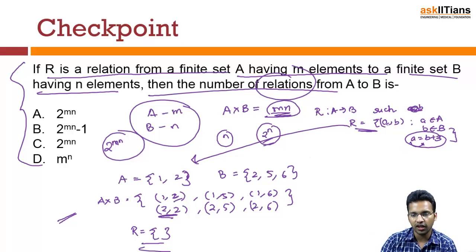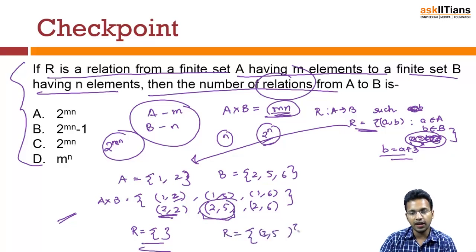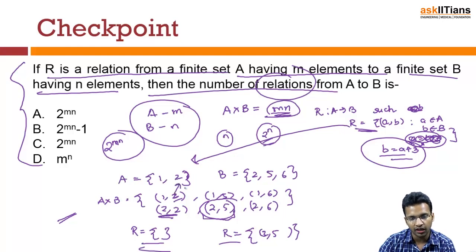Now what if I change the relation? If I write it like this, b is equal to a plus 3, we can figure out that this element will satisfy this relation. So depending on the definition, your relation will change. Now a relation can have one element.